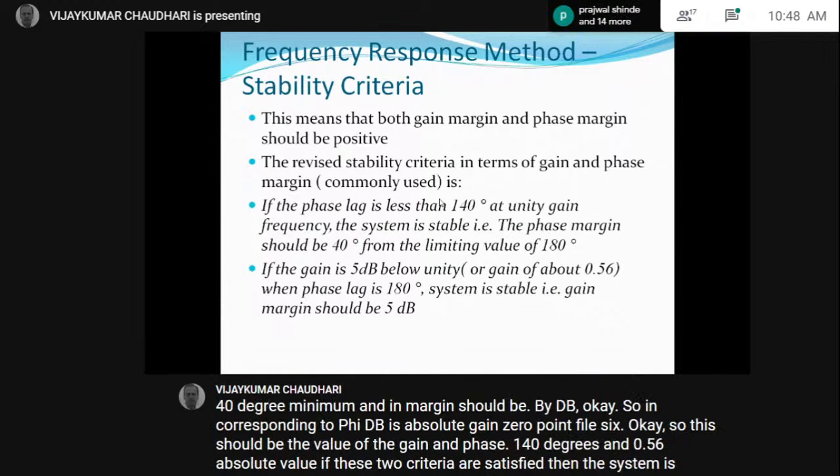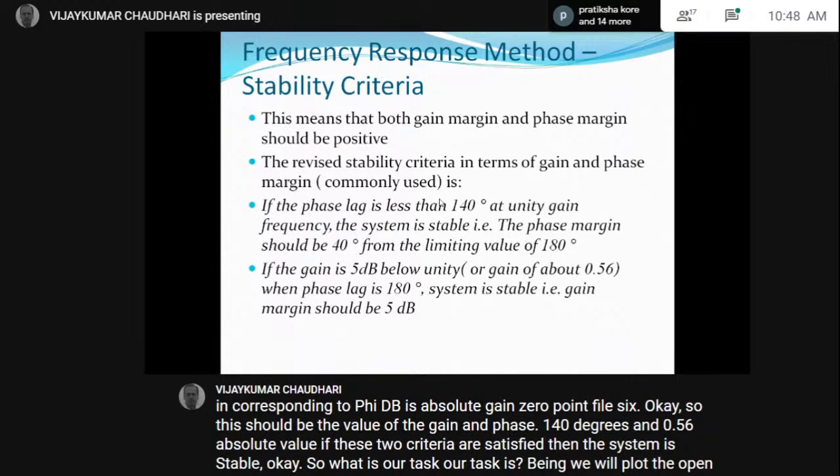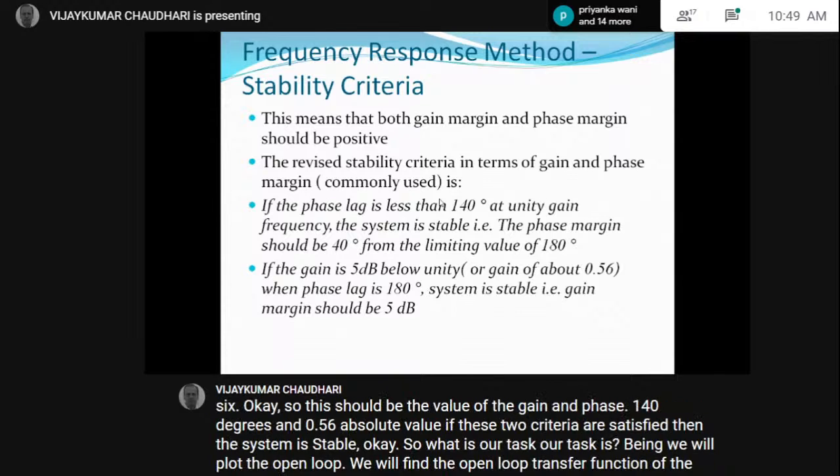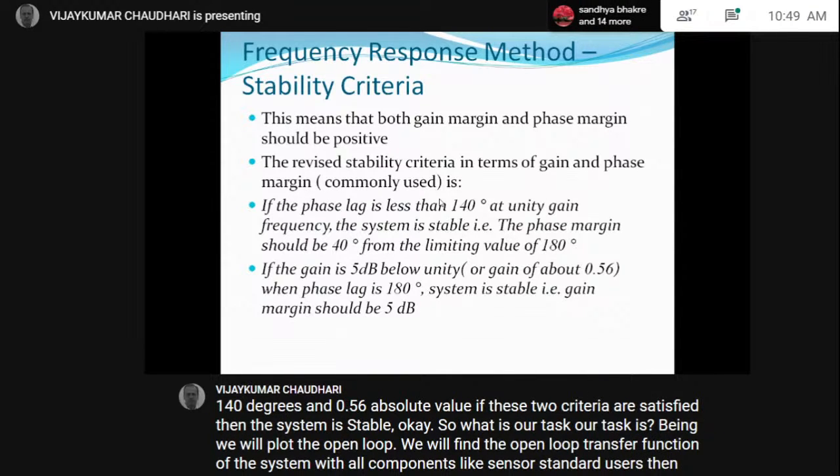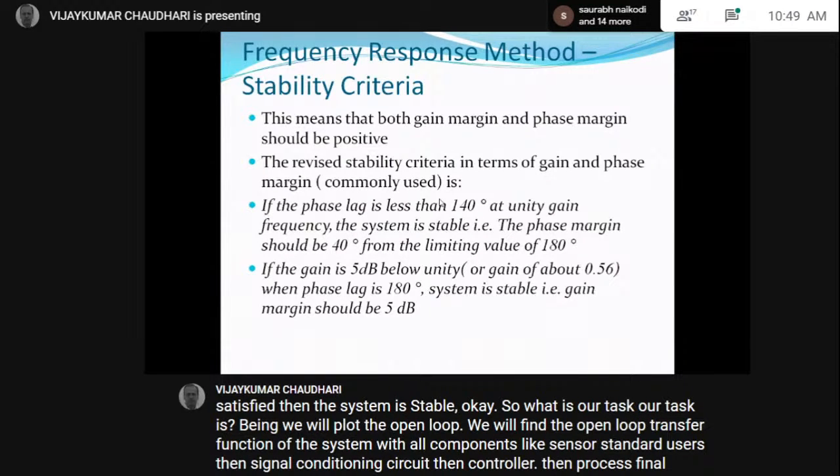Okay, so what is our task? Our task is we will find the open loop transfer function of the system with all components like sensors, transducers, signal conditioning circuit, then controller, then process, final control element. All these are taken into consideration and each transfer function is found.